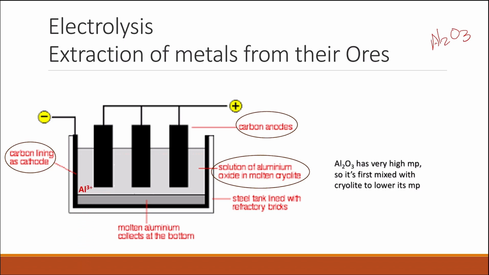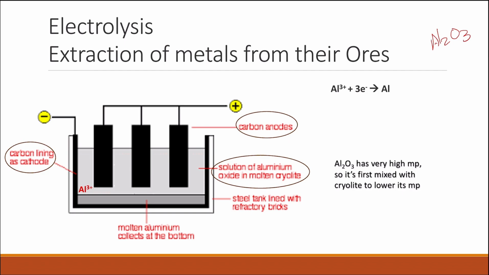Then in the electrolyte, we're going to have aluminum ions and oxide ions. The aluminum ions are going to be aluminum 3 plus. This is the positive ion. They're going to travel toward the cathode, the carbon lining, and they're going to gain electrons.